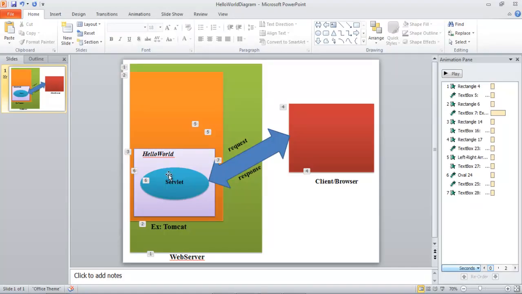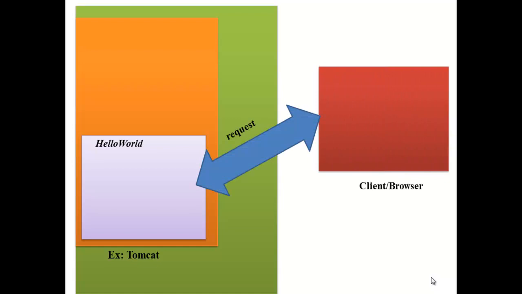And after executing the statement, let us see what Tomcat will do for us. The client sent the request, the servlet object was created, and after running the code that we have written inside this doGet method, Tomcat will simply send a response to the client.